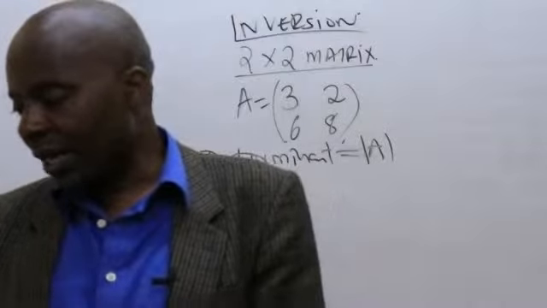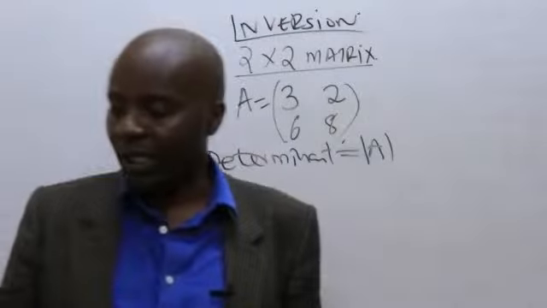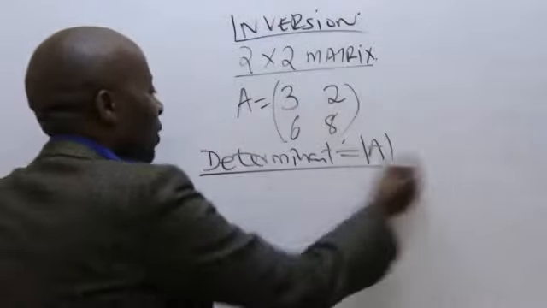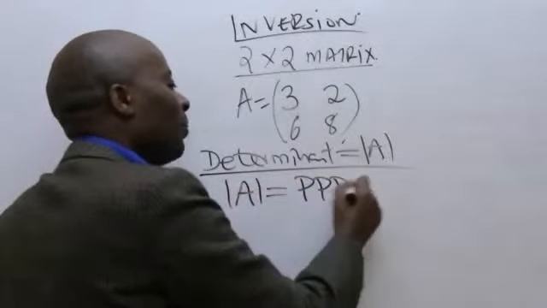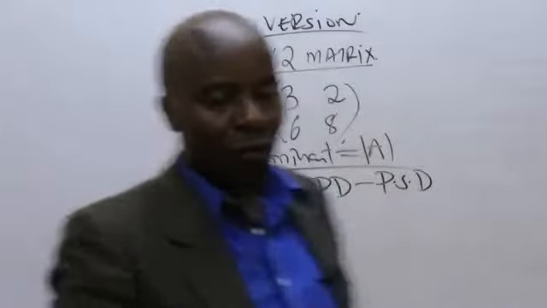Thank you very much, Lokai. Lokai happens to be good in this. So Lokai has told us something very easy, that to get the determinant, what we only need to do is to take the product of the primary diagonal minus the product of the secondary diagonal. Please write that in full.